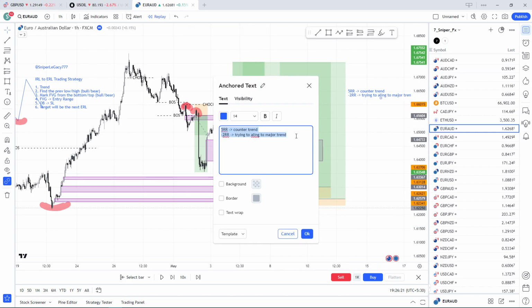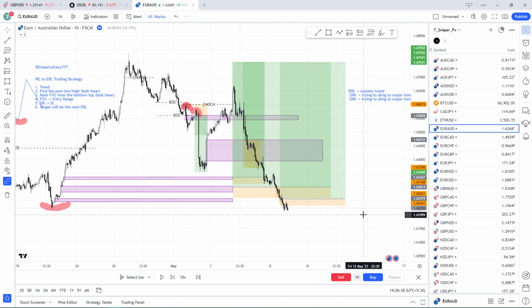So we have lost another 2 R. We lost a total of 4 trades, and the second one was also trying to align to the major trend. We have 4 SLs, but one counter trend trade gave us 5 RR. We are still up by 1 RR.